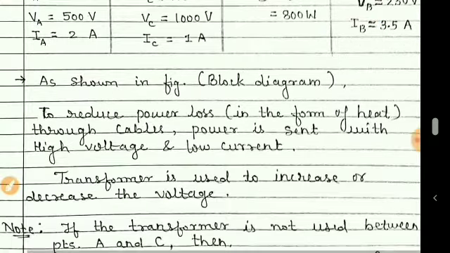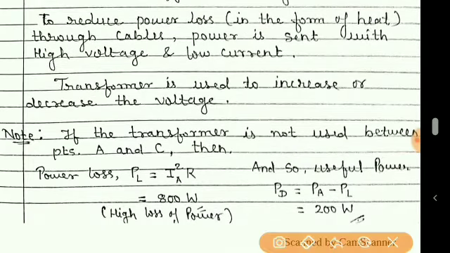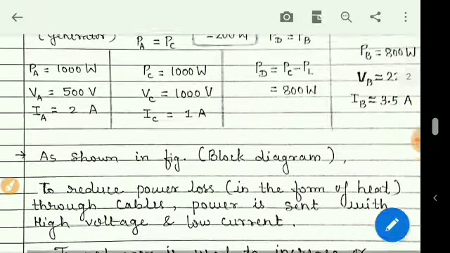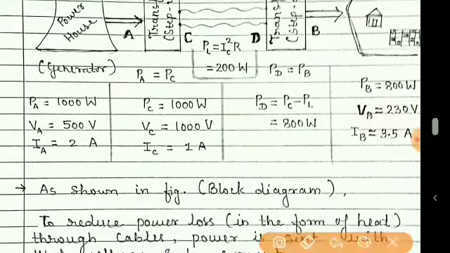So only 200 watt power will be reaching at that point, and this much loss will be there. So to avoid this loss, what we did, we decreased the current, and so we have to increase the voltage. One more drawback is there.